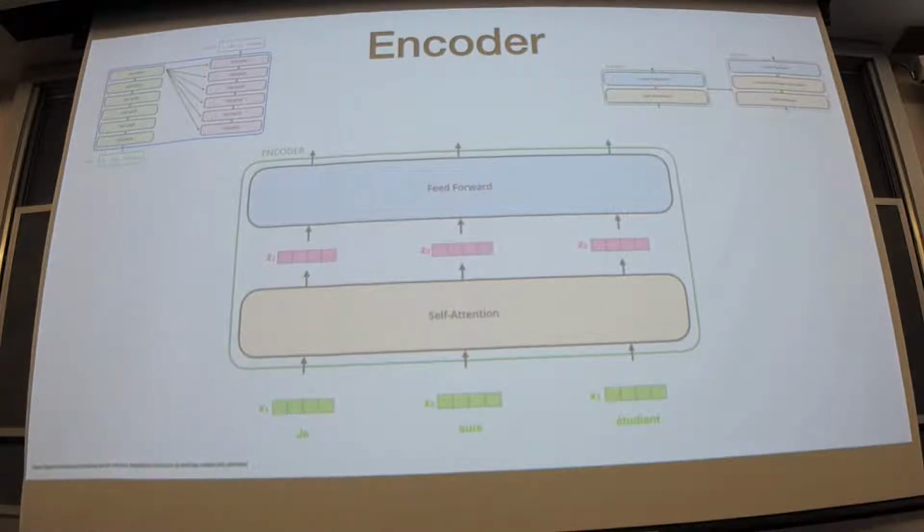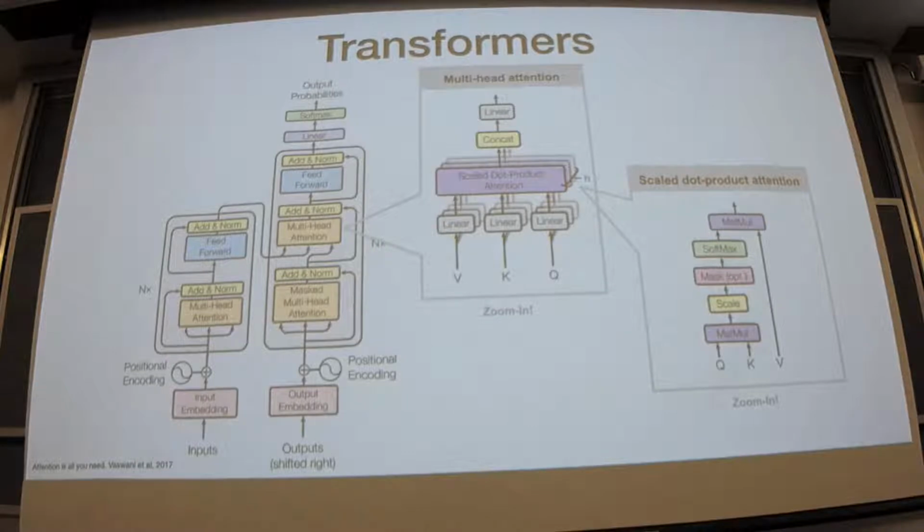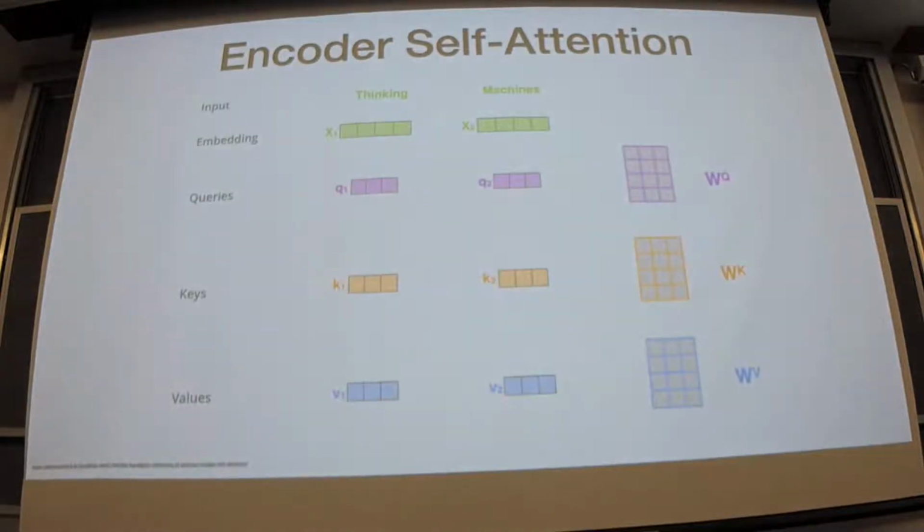So that's an important thing to remember as we go through this, so you don't lose track of that. And that's basically the same thing. So let's start going through what the multi-head attention is all about.